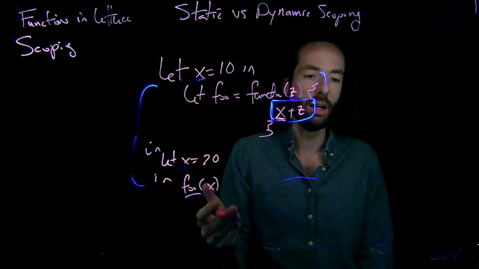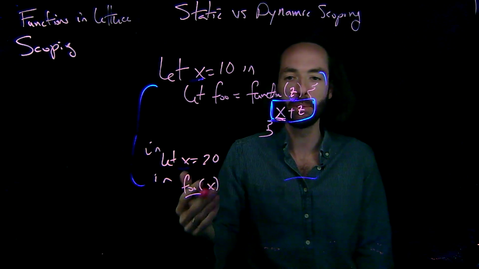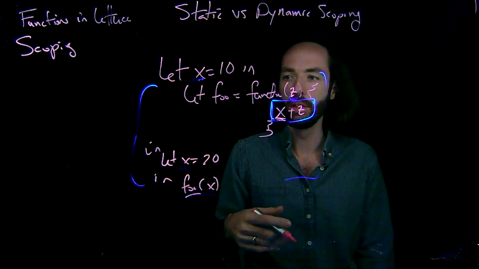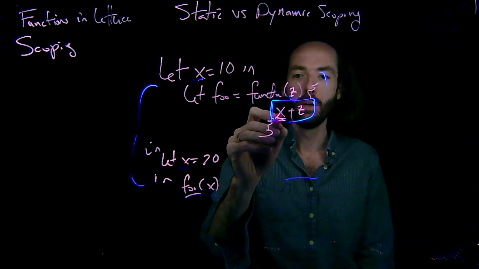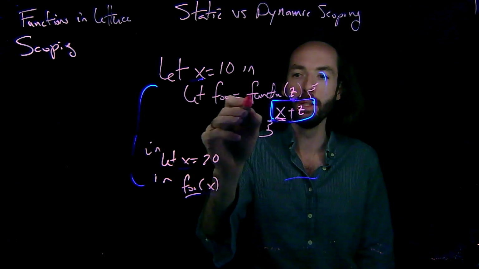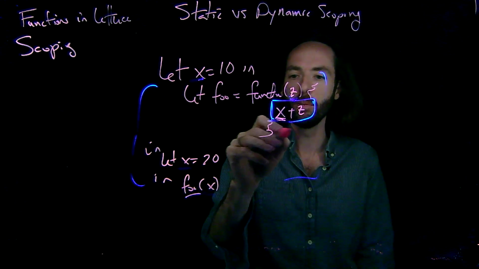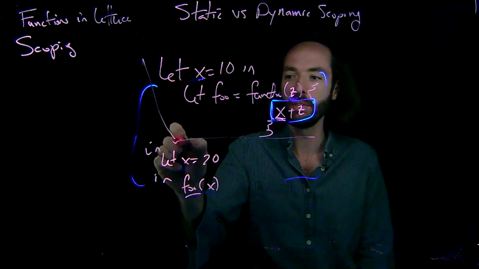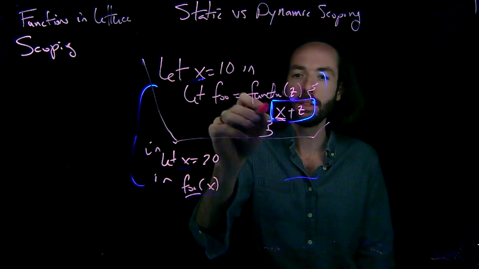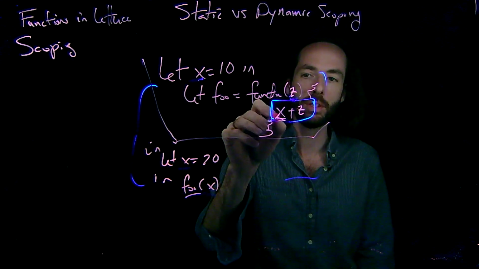Right, so we'll see when we talk about the actual abstract syntax and the semantics for our functions, we're going to capture the environment that we defined the function in. So the environment when we first defined the function is all of this upper stuff. So x is equal to 10 in that situation, and we'll resolve this to 10.